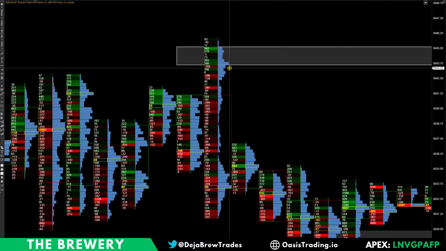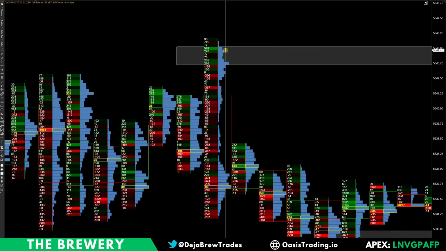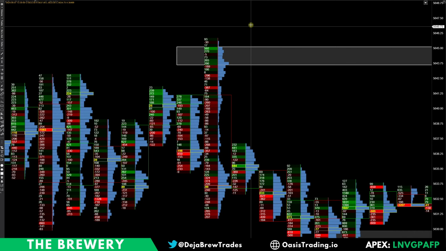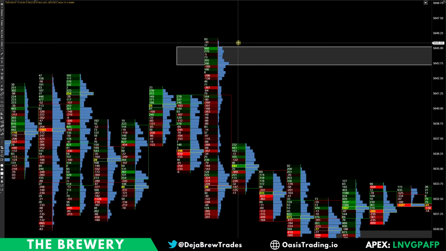You want to look for building value and protecting value. And what I mean by that are these nodes. If you build value, you will build up that node. It will kind of trade in that area for a little bit, build up that node, then attempt to push away from it. So when you see these delta clusters, you want that to coincide with that volume node. You want it to go with that volume node. They need to build that value up and then protect it.